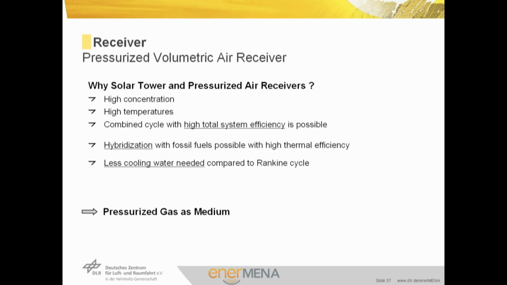Also, we are allowed to use hybridization because fossil fuels are used with high thermal efficiency and less cooling water is needed compared to Rankine cycles. But if we want to use gas turbines, we have to work with pressurized gas as a medium, so we have to use special receivers.